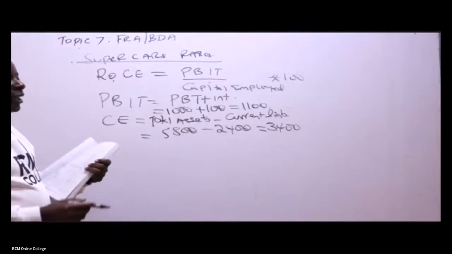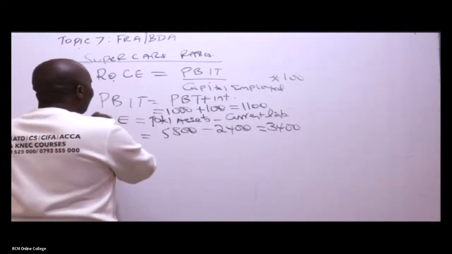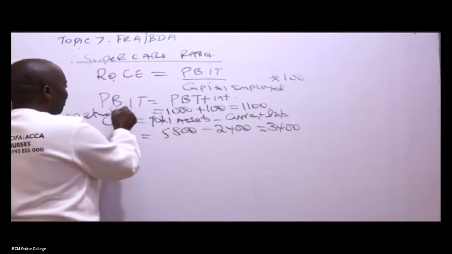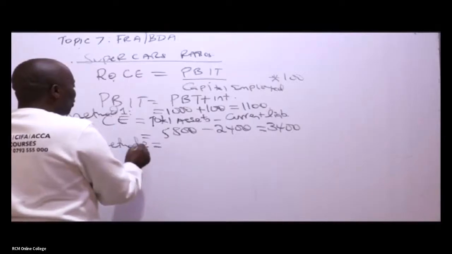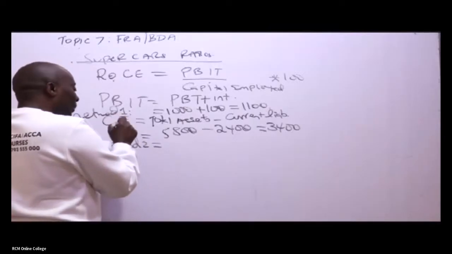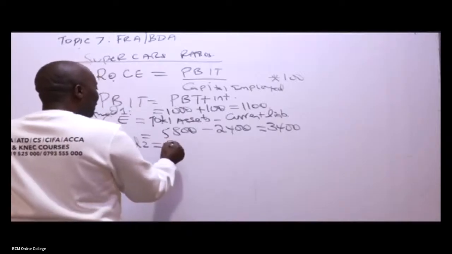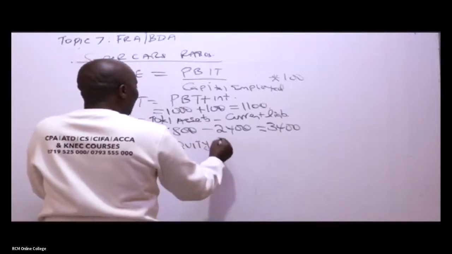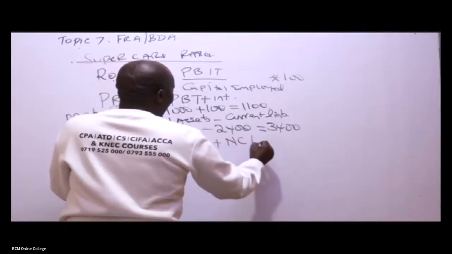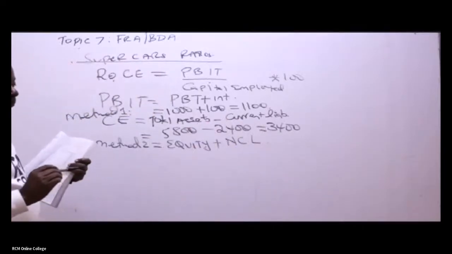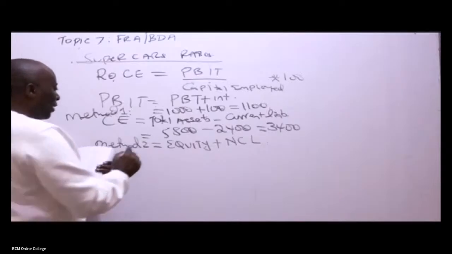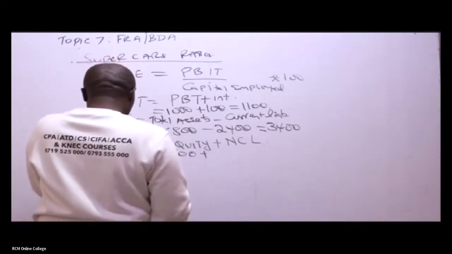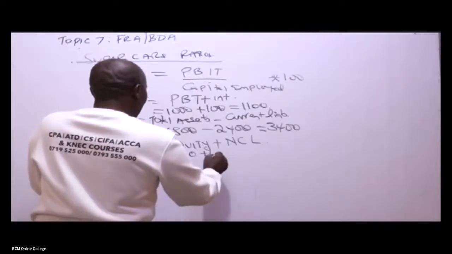Remember, we have another method. This is method 1. Is there somebody who was able to use method 2? Method 2, the capital employed will be all equity plus non-current liabilities. You go to the equity section: ordinary share capital 500, retained earnings 1,900.